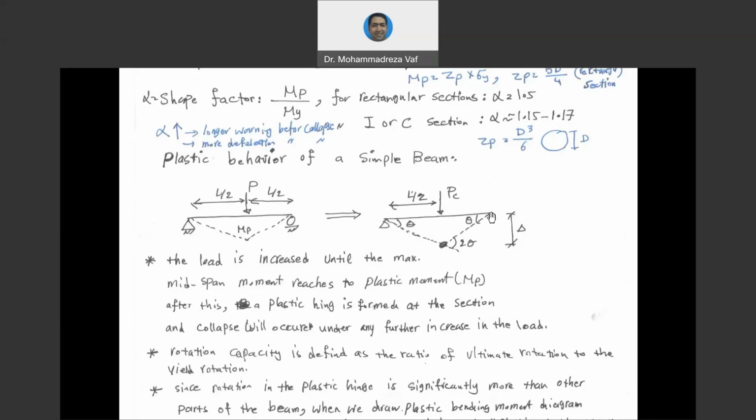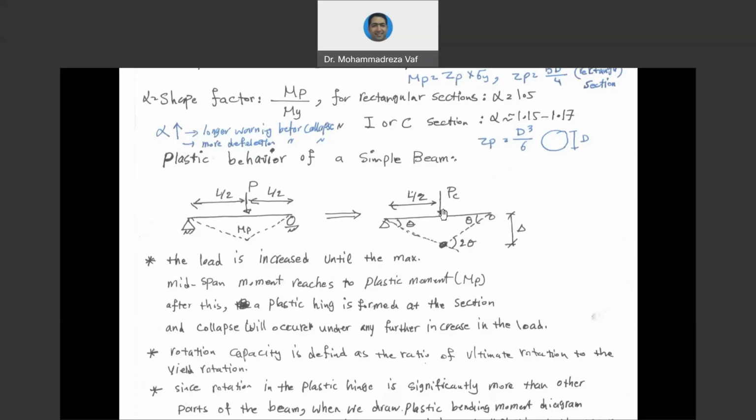So if this is the deflected shape at the time that we reach MP, or at the time that collapse occurs, we have some deflection under the point load that we have applied. That deflection, we can show it with delta. From mathematics, this delta can also be calculated based on the rotation of this beam.